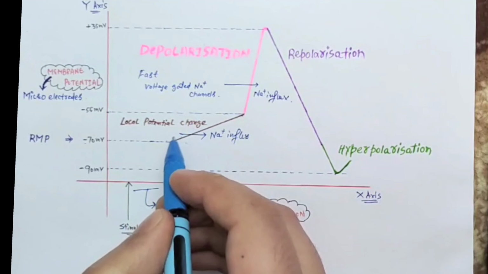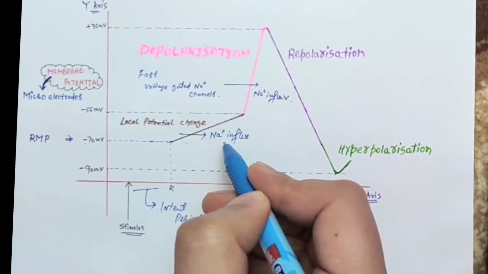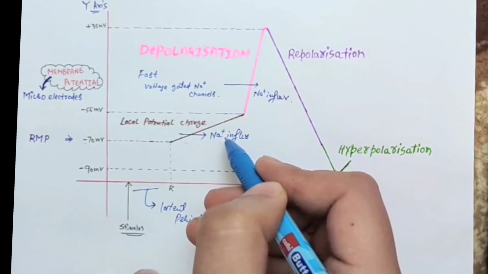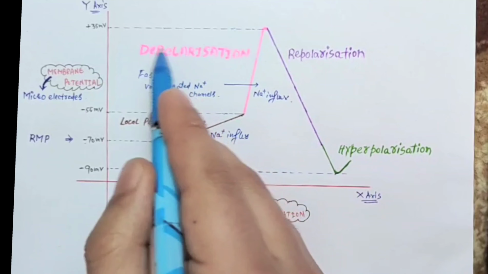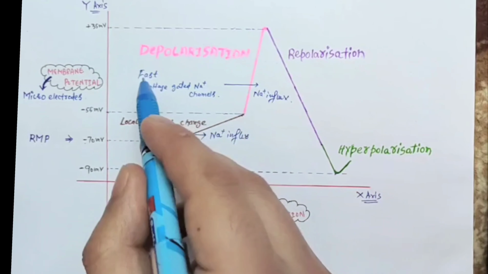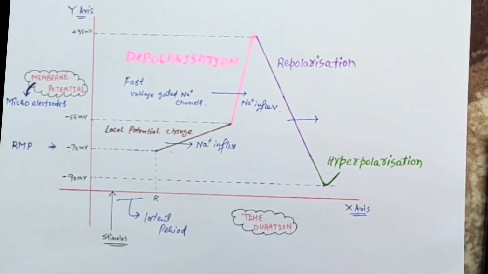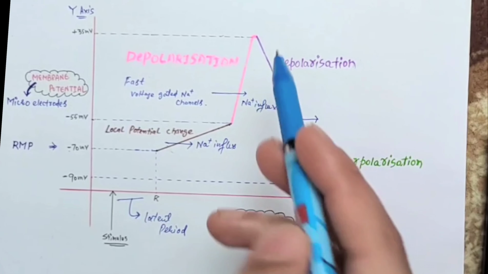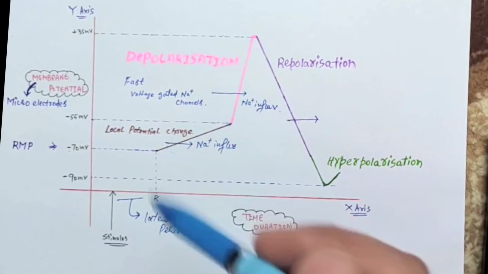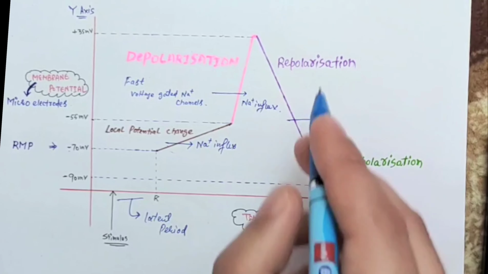In local potential change, there is also sodium influx, but there are no voltage gated sodium channels, and there is slow influx. In depolarization, there is the sodium influx, but here it is fast due to the presence of voltage gated sodium channels.